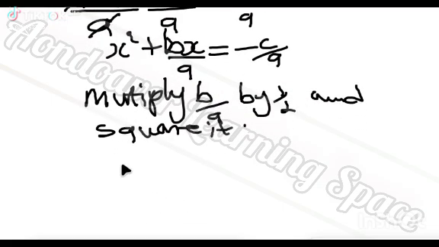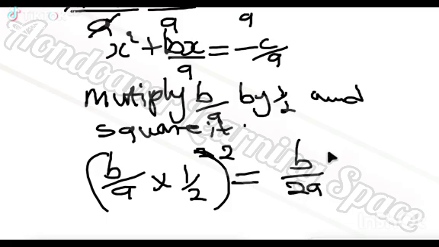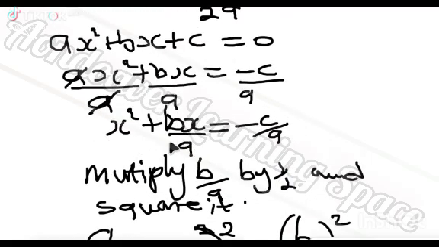So we have b over a times 1 over 2 all raised to power 2. Let me write it here, which is same thing as b over 2a all raised to power 2. So when we've done this, we add both sides of this equation with the b over 2a all raised to power 2.